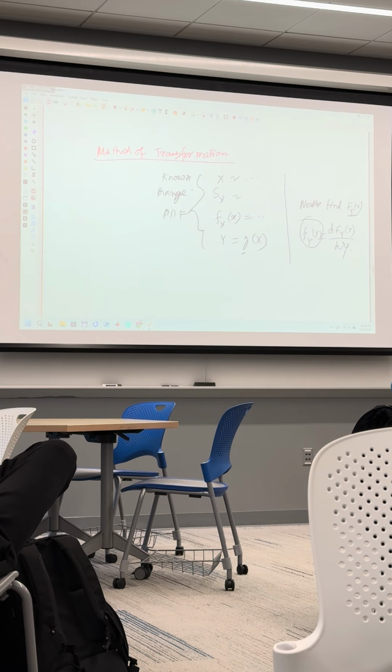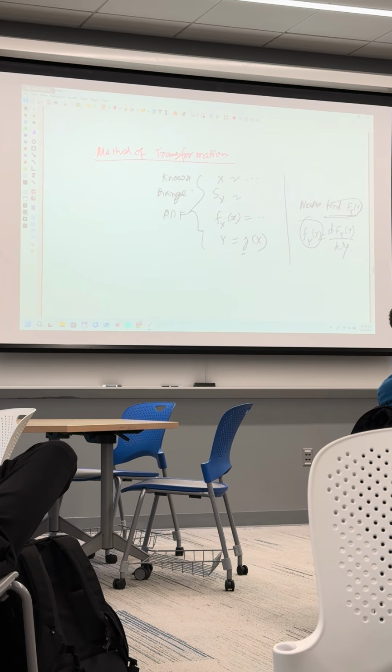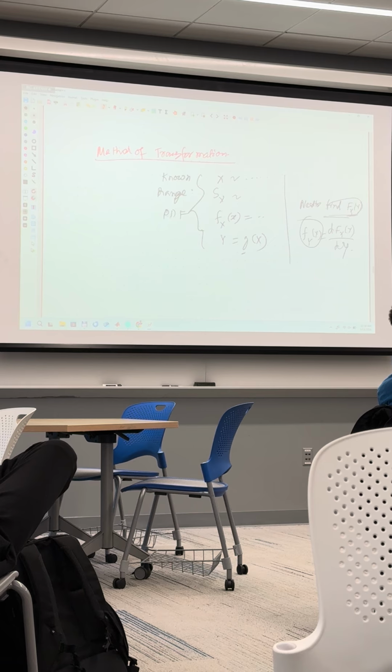What this method of transformation does is that you do not need to find the CDF of y to find the PDF. By definition you need the CDF to find the PDF, because the PDF is basically the derivative of the CDF.